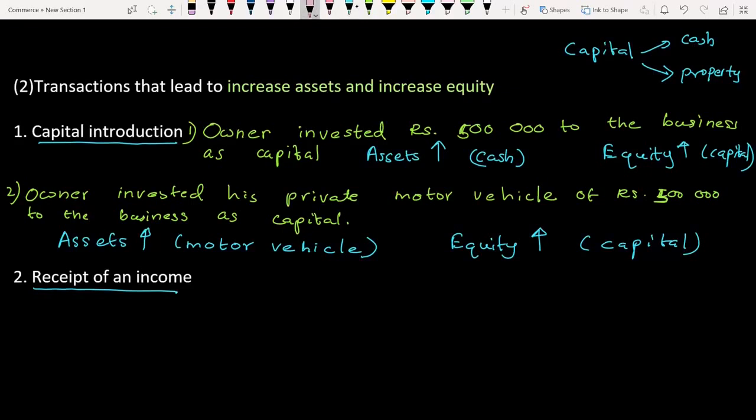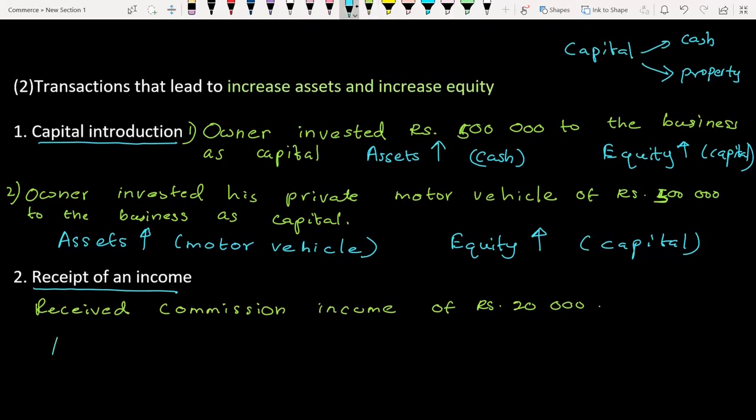We have to say received commission income, and we need to include the value, commission income of rupees, let's say 20,000. Now, what happens due to this transaction?